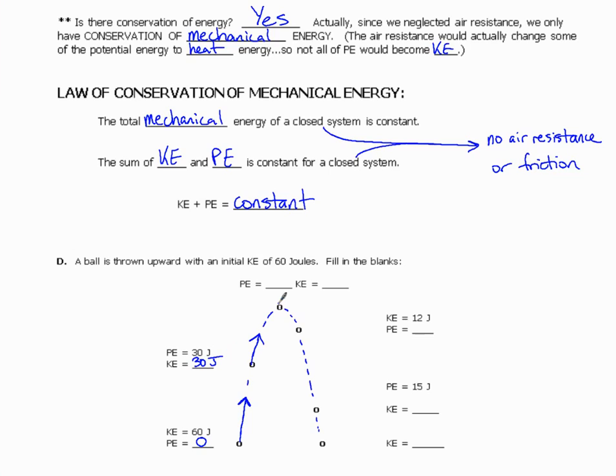At the top, the potential energy is 60 joules because it is for one very brief instant not moving. Remember, at the peak, the kinetic energy is 0.